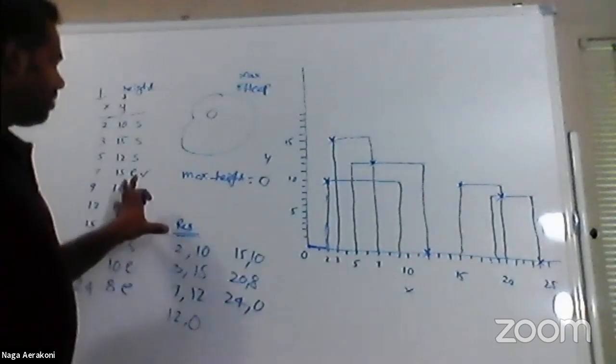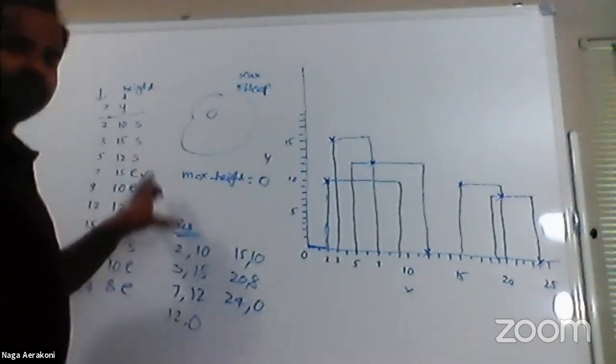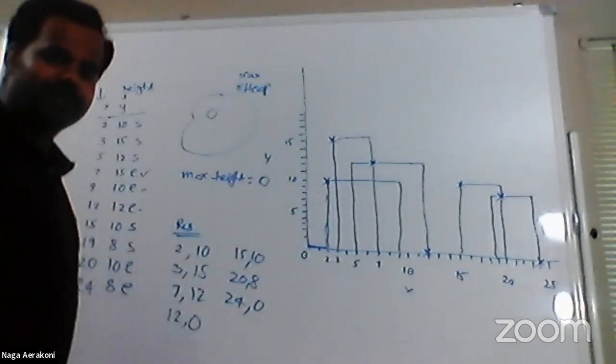Any questions so far? I might have moved a little fast here. Is that enough to draw the skyline? Is it only a vertical line? Those points are only a vertical line, right? Yeah, these points.